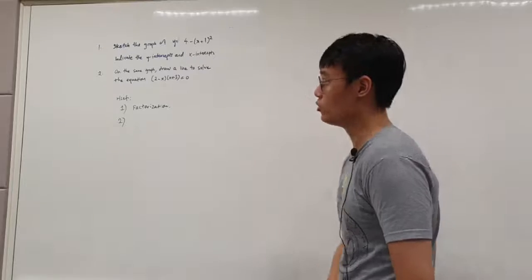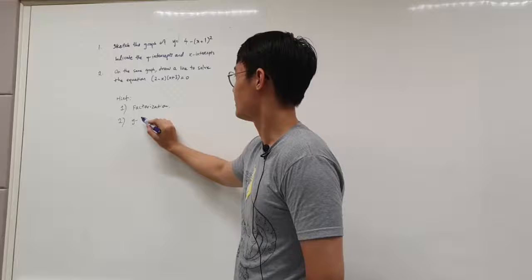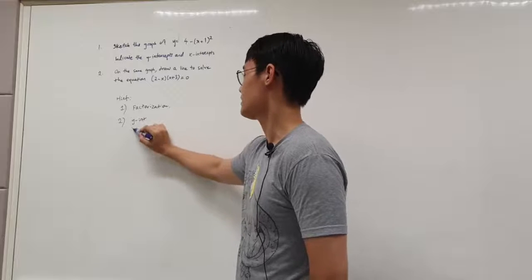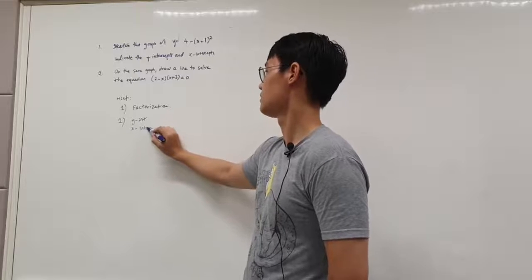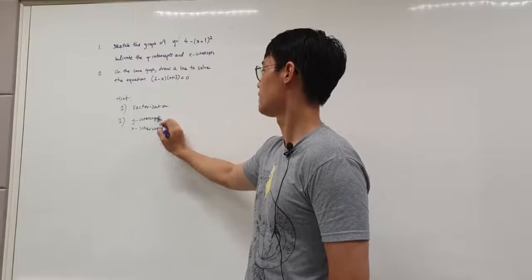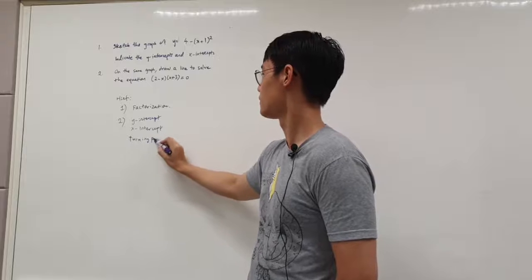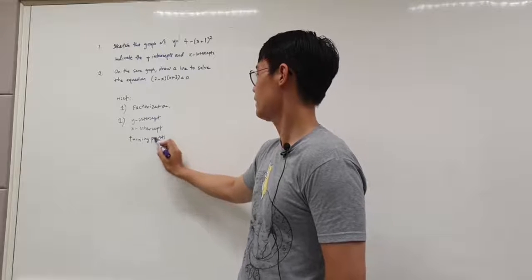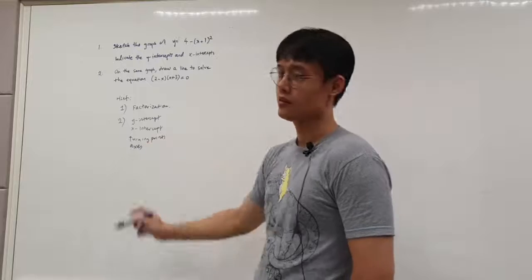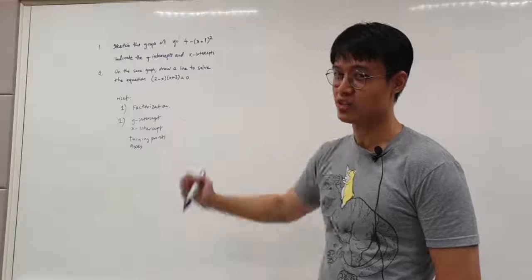Second thing you need to know, when you sketch a graph, you really need the y-intercepts, x-intercepts, turning points, and shape, because teachers usually grade using these 4 metrics over here.